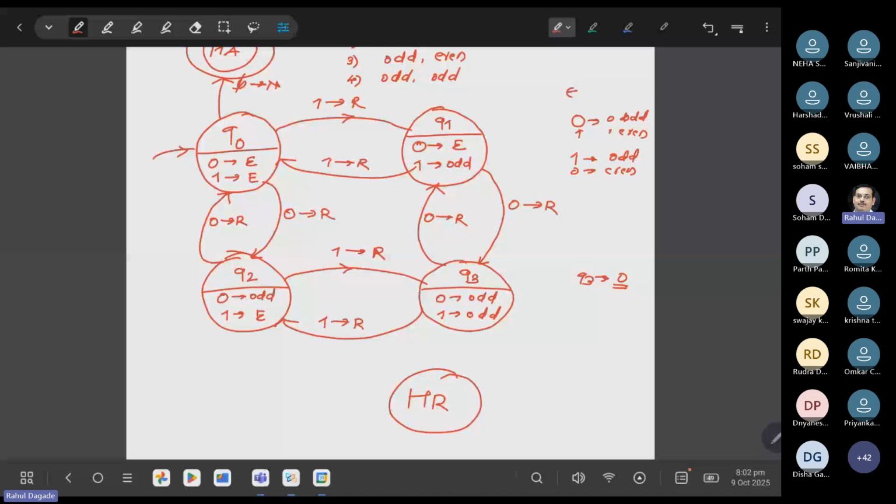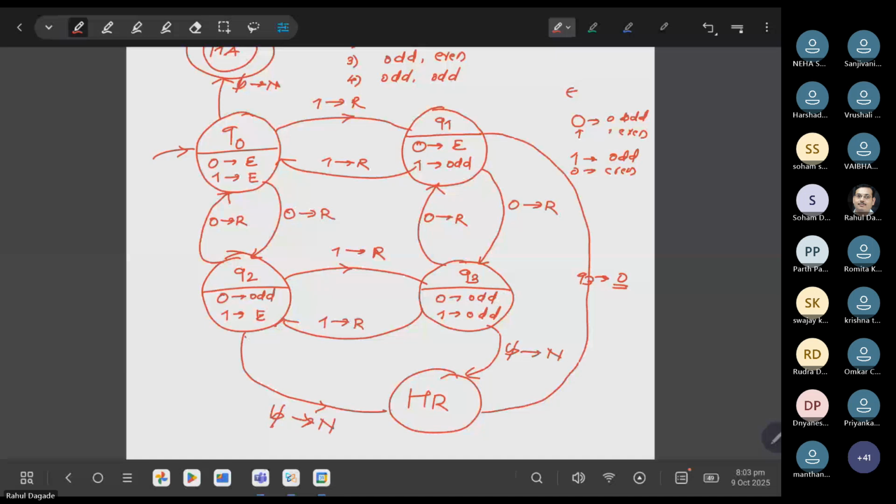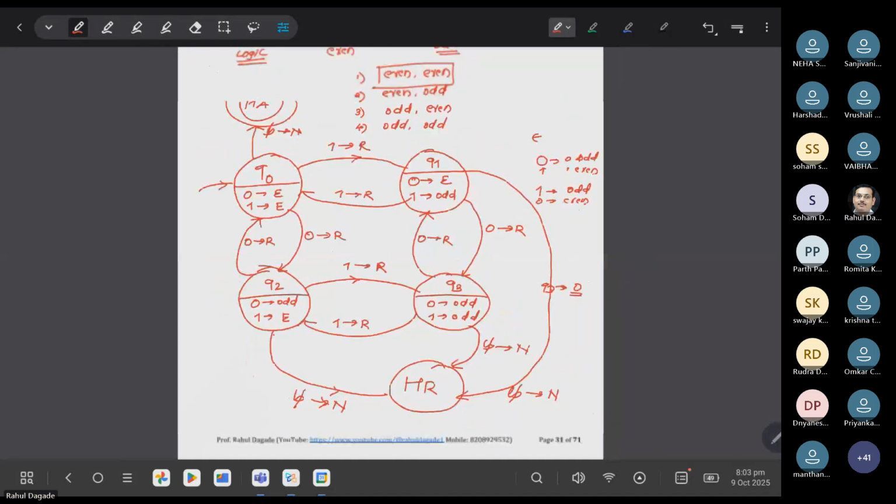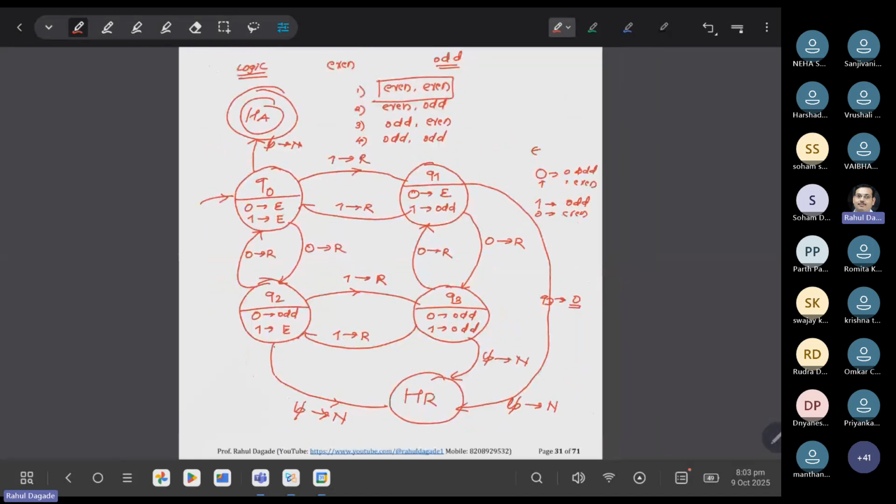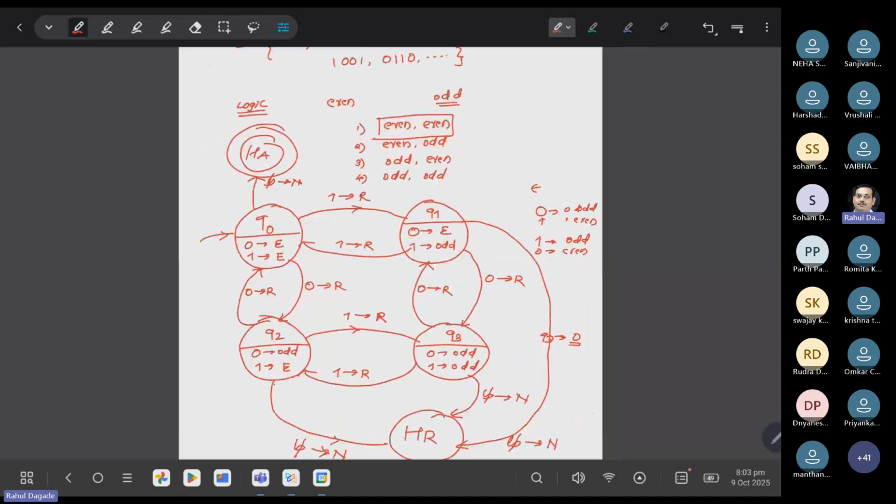That means if my string is terminating in Q2, that is, after Q2 I got a blank, then rejected. In Q3 state if I got a blank, rejected, and in Q1 state if I got a blank, then also rejected. So this is the Turing machine for an even number of zeros and an even number of ones.